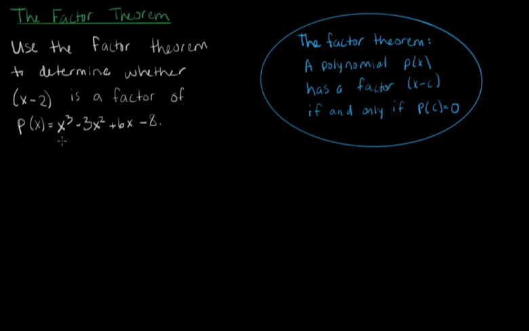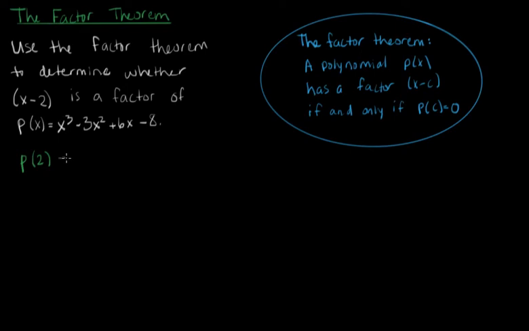Now we can use this to check to see if different things are factors. So for example, in this case, it says use the factor theorem to determine whether x minus 2 is a factor of p of x equals x cubed minus 3x squared plus 6x minus 8. So in order to do this, we need to find p of 2, right?